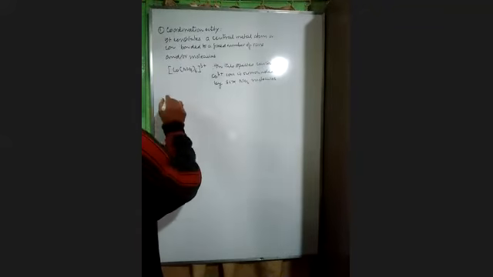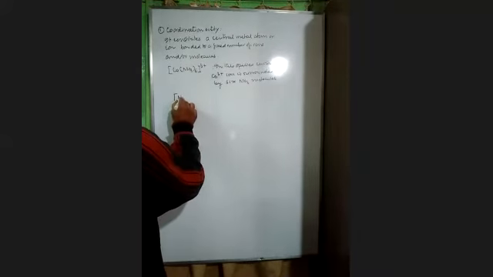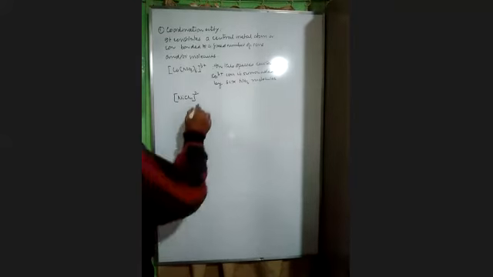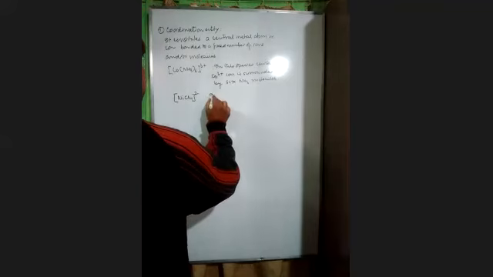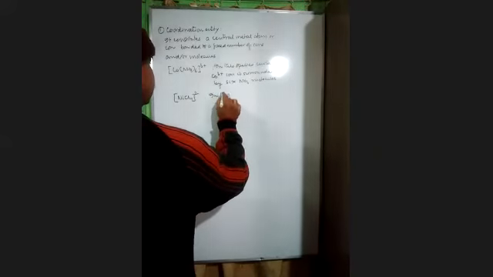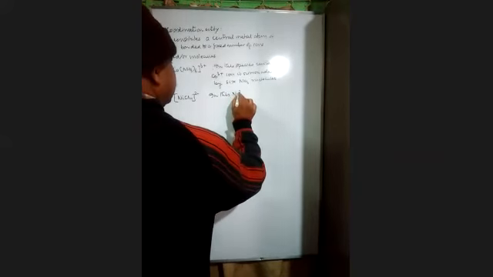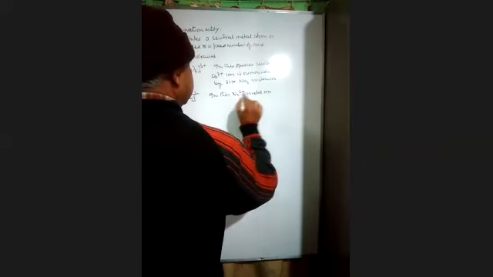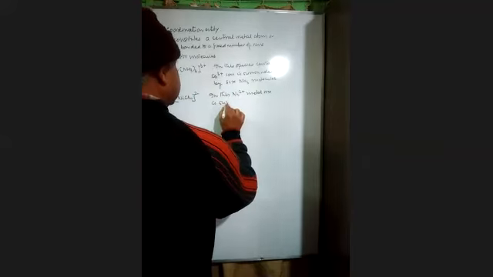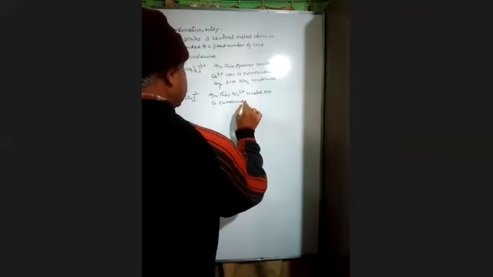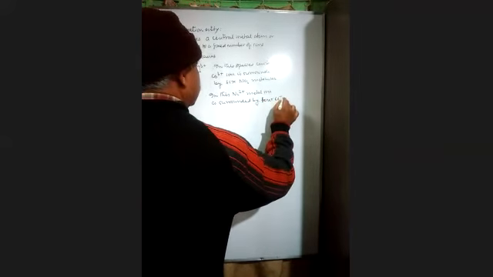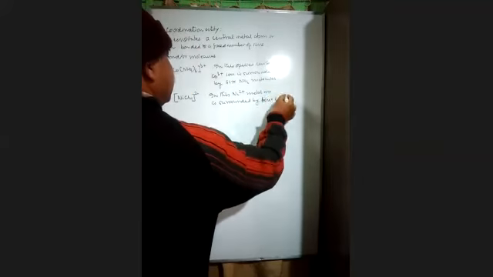Suppose I have taken this NiCl4 2 minus. In this, the nickel 2 plus metal ion is surrounded by 4 chloride ions.